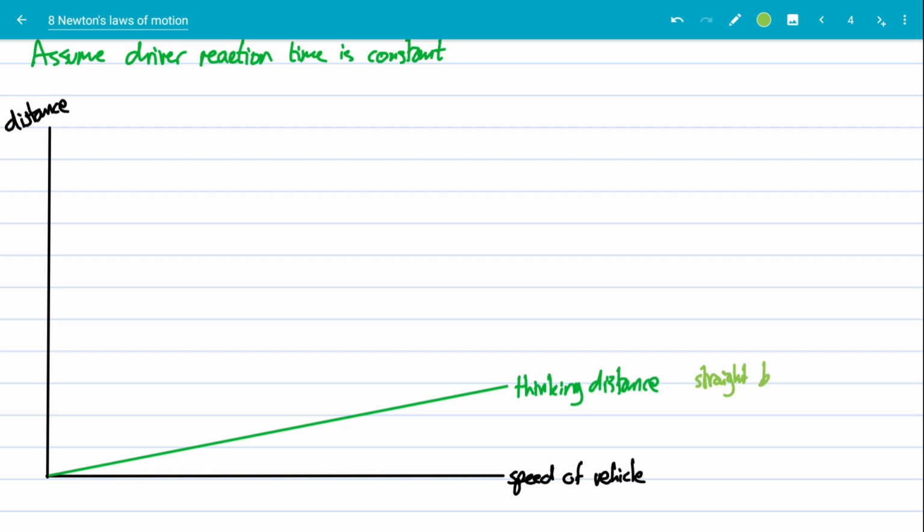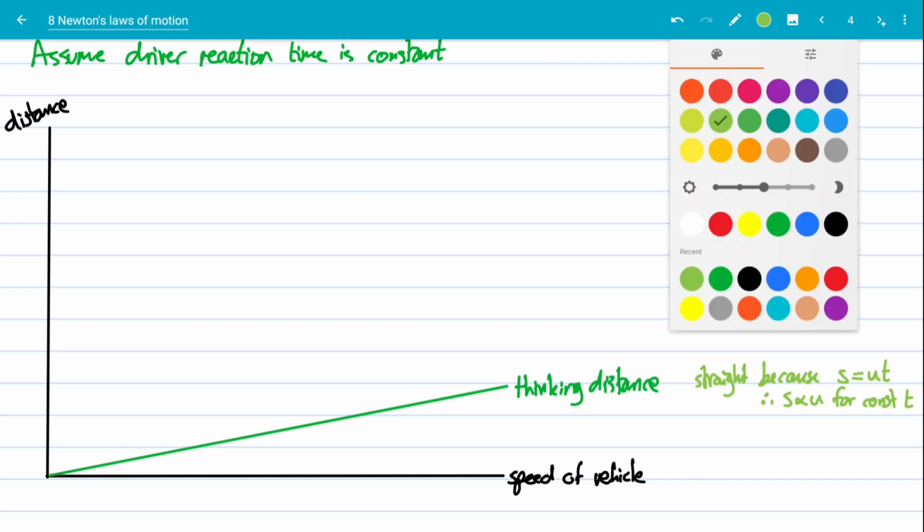S is equal to ut, and therefore S is proportional to u for constant t. So as long as the reaction time is constant, then the thinking distance is proportional to the speed of the vehicle, and we get a straight line.